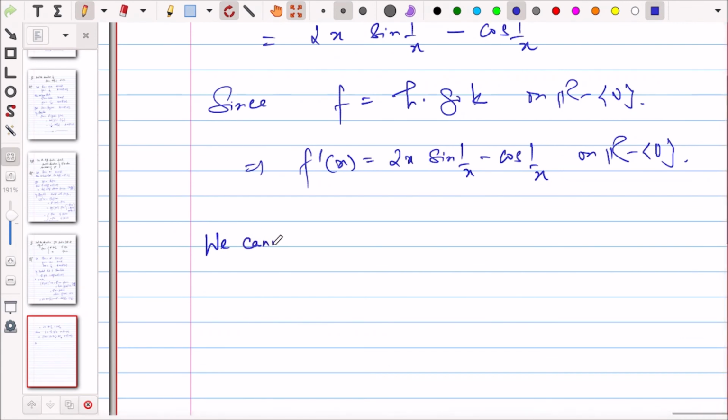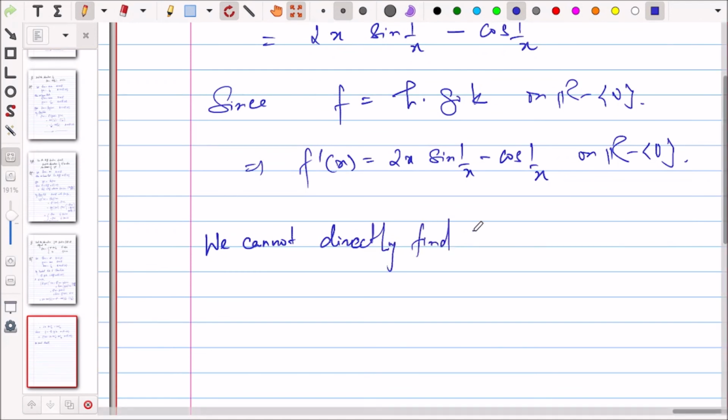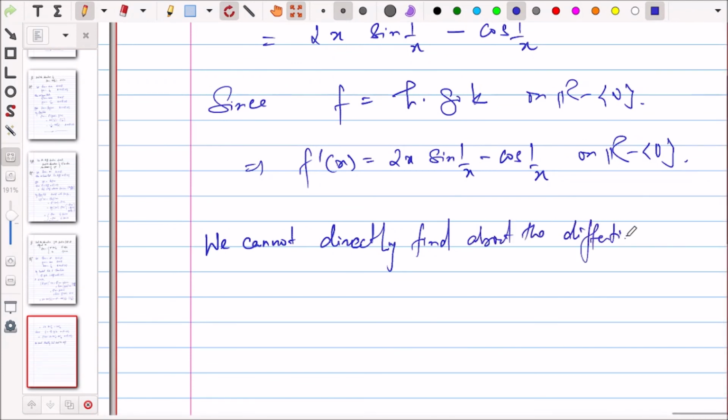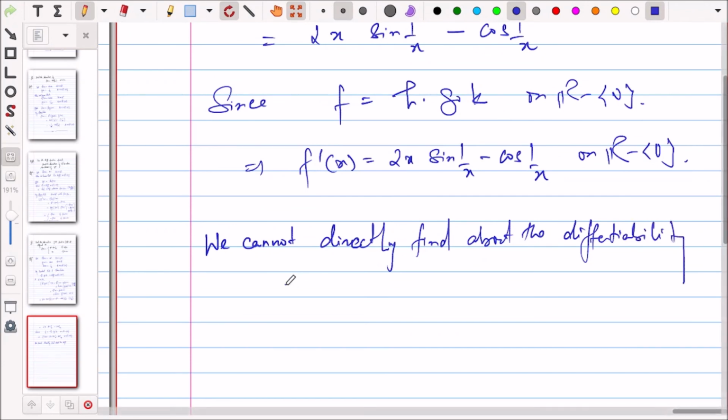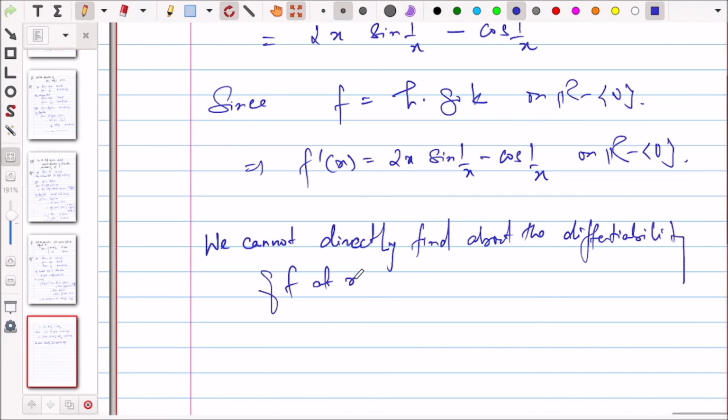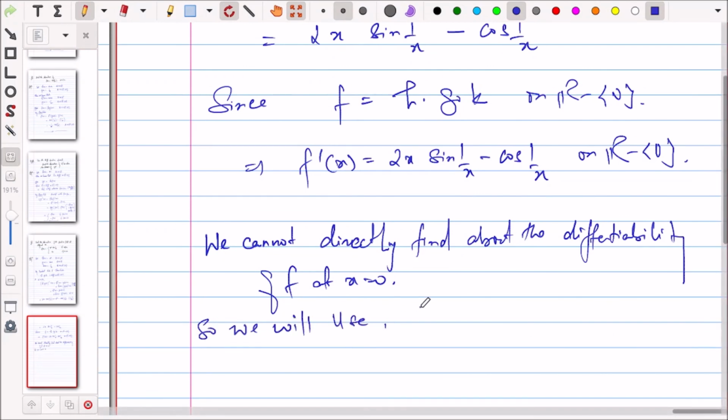So we cannot directly find out about the differentiability of f at x equal to 0. So we will use the epsilon delta, limit definition.